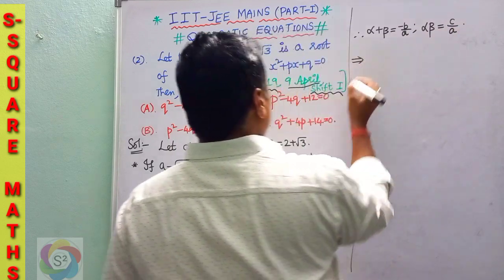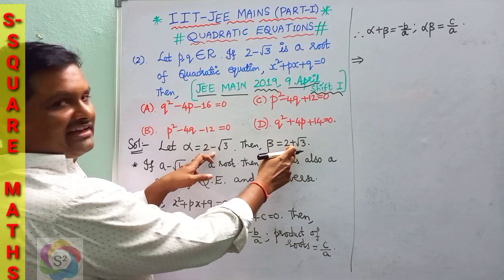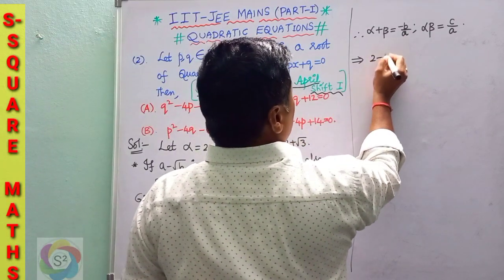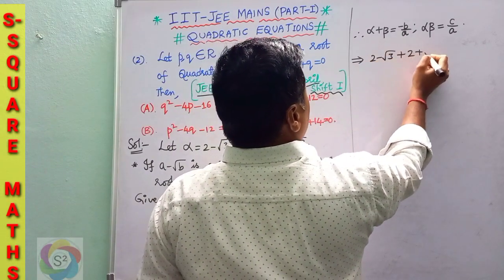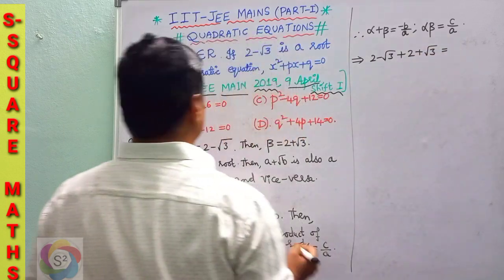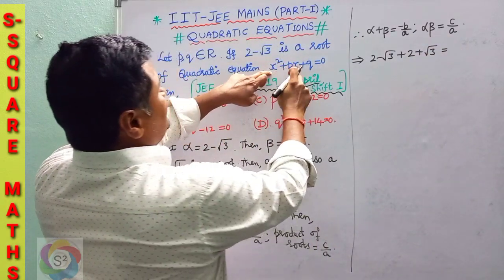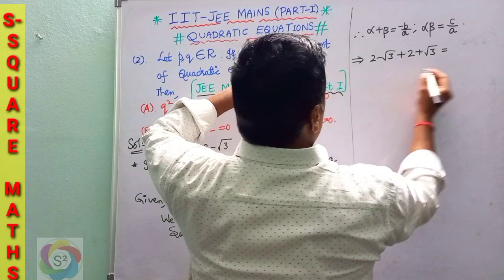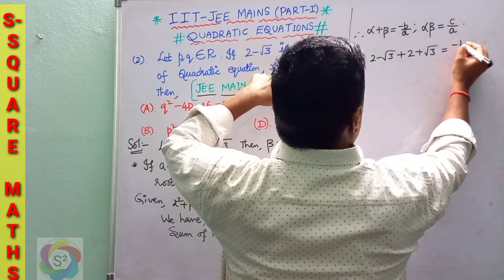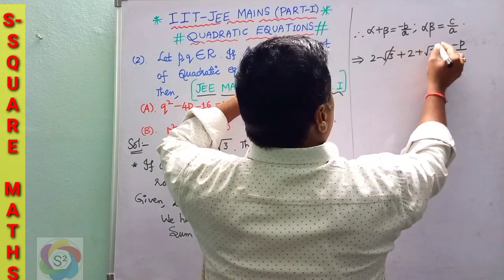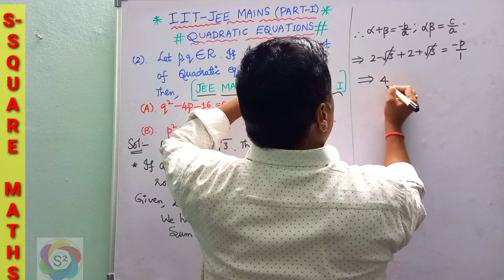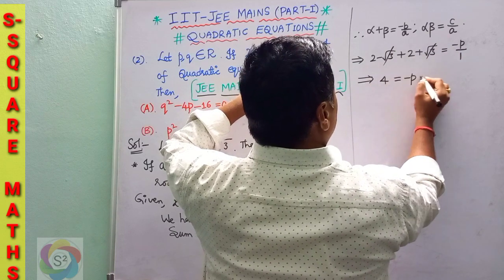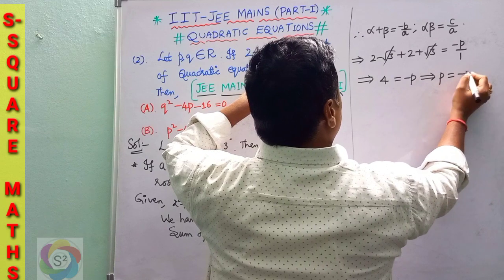Alpha is 2 minus root 3 and beta is 2 plus root 3. So 2 minus root 3 plus 2 plus root 3 is equal to minus p by 1, where a is 1, b is p and c is q. So 2 plus 2 is 4, which is equal to minus p. So finally p is equal to minus 4.